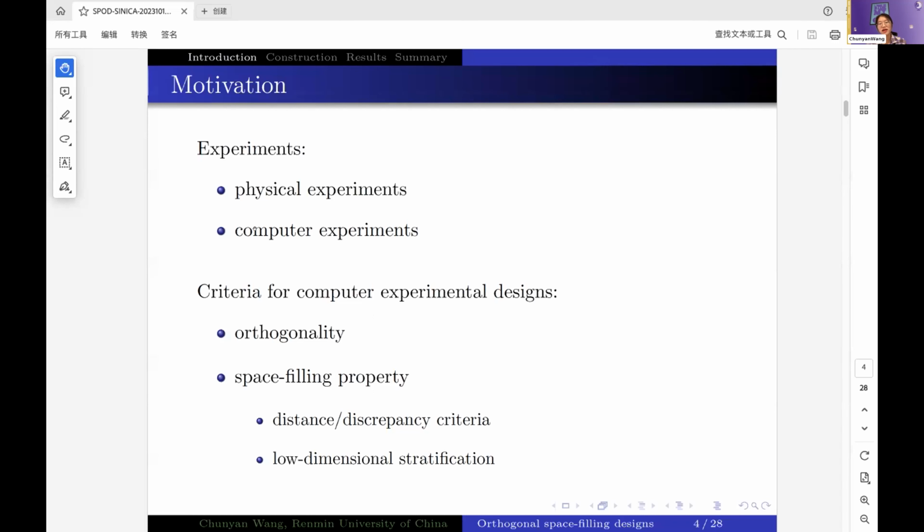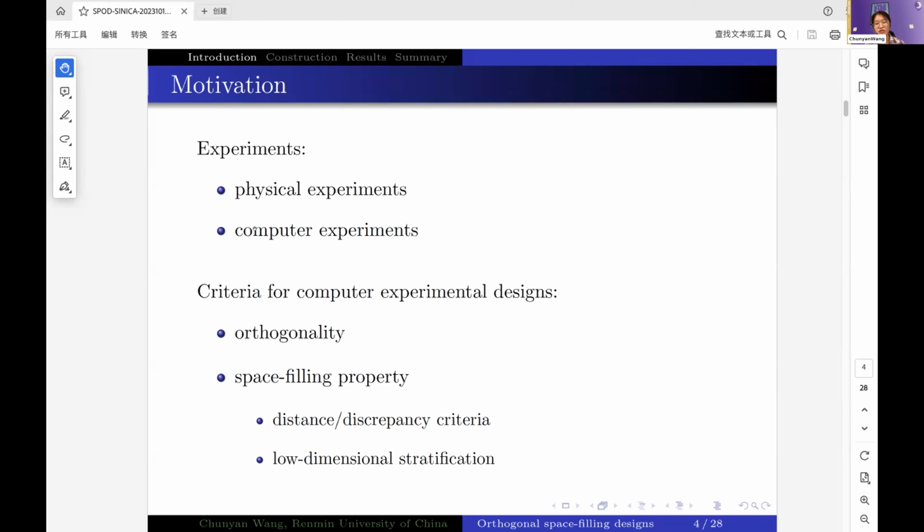With the development of computer science, computer experiments have gained more and more attention recently, and this paper focuses on computer experiments. For computer experiments, there are a lot of designs we can use.